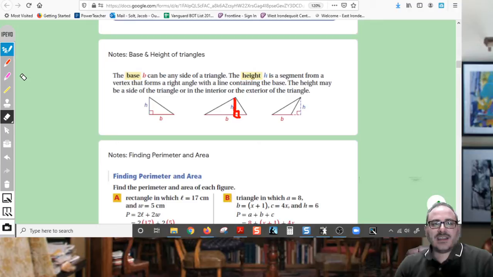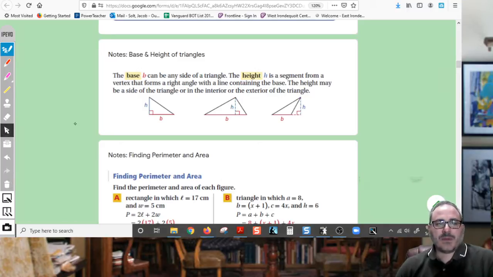If the base kept going, then what would be the height, perpendicular from the vertex to the base? So keep in mind when you measure that height, it has to be perpendicular to the base. And if it's a triangle that looks like this, you've got to extend the base out a little bit. That gets a little tricky.